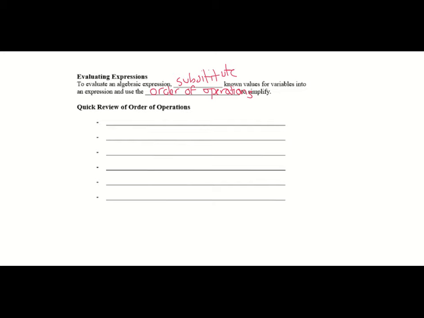So order of operations, just as a review, some of you may remember PEMDAS. P stands for parentheses or other grouping symbols, like brackets or a large fraction bar. And we'll see that shortly when we do some examples.